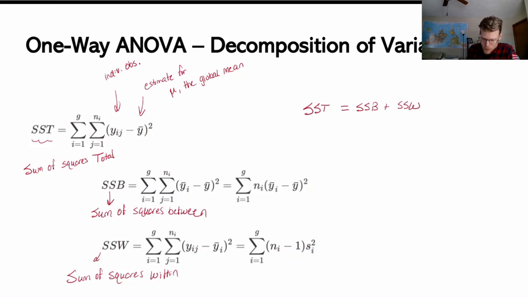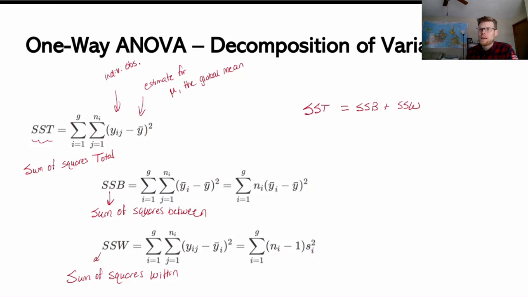However, this sum of squares within is measuring how much variation we have within each group with respect to its group mean. So if I use the group mean as an estimate, how much variation do I see? And I'm comparing that to how much variation there is from one group mean to each other in relation to the global mean.